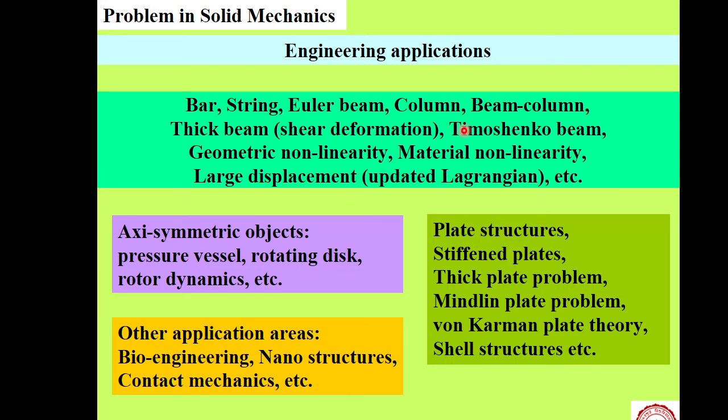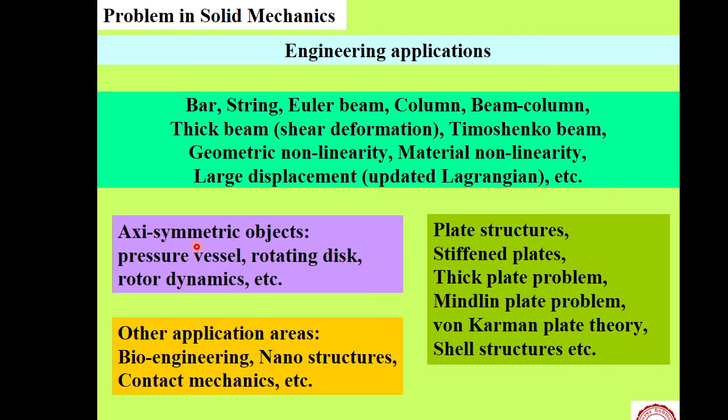Okay. Now, other classification is 1D problem. This bar is a 1D problem. String is a 1D problem. This beam, column, etc., they are 2D problems, right? This axisymmetric problems, they are pseudo 2D problems in between 1D and 2D.